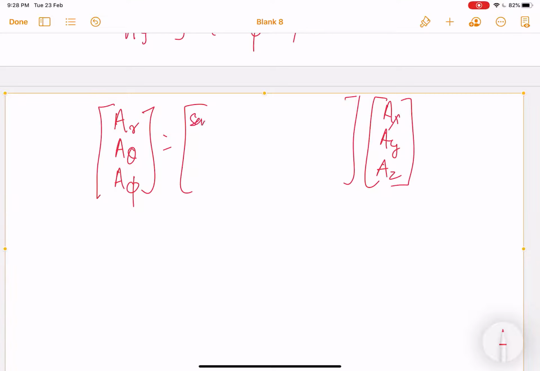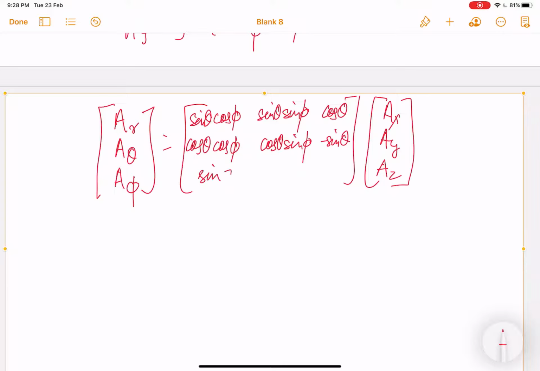Let me write over here sin theta cos phi, over here sin theta sin phi, and over here cos theta. This one will be cos theta cos phi, cos theta sin phi, and this one will be minus sin theta. This one will be minus sin phi, this one will be cos phi, and this one will be 0.